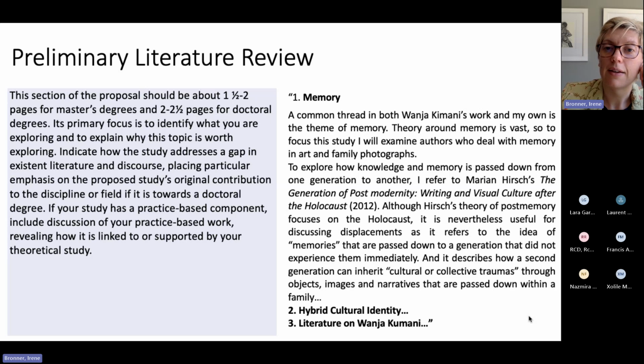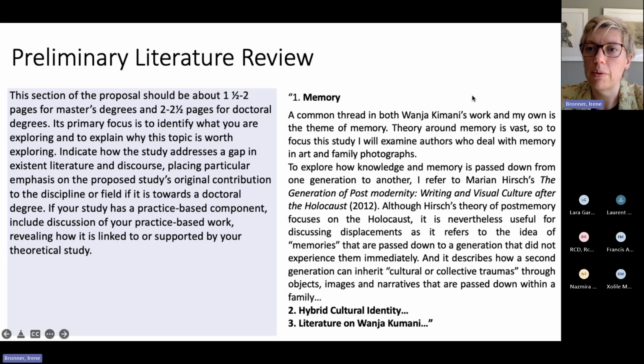So we looked at the student who is going to be looking at photography, photographs and objects as vehicles of post-memory to explain migration and cultural hybridity. Okay, that was part of her context. In her literature review, she's going to have 3 sections: 1, memory, 2, hybrid cultural identity, and 3, literature on Wanja Kimani, the artist that she's looking at.